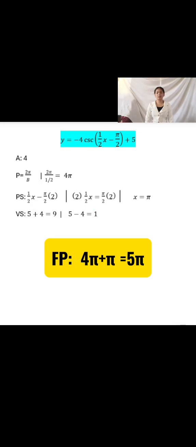So it is the same in plotting the points. The last is 5 pi, and the first is pi. Then in the middle is 3 pi.